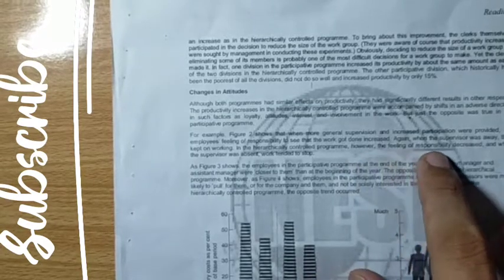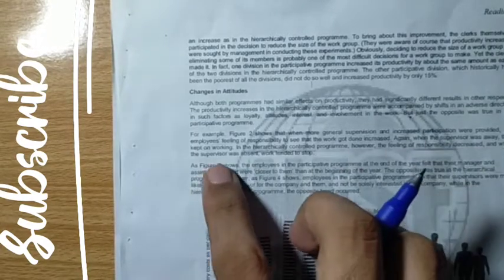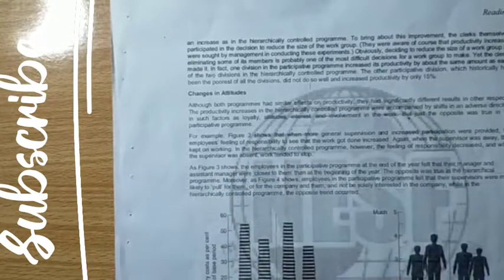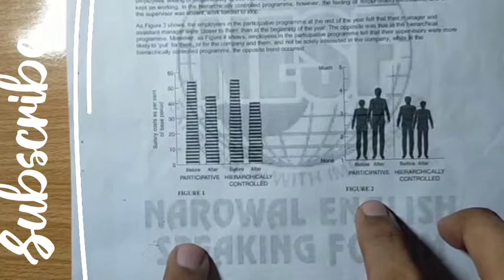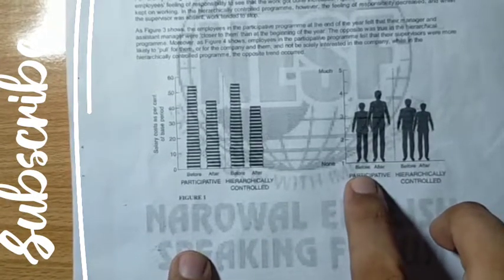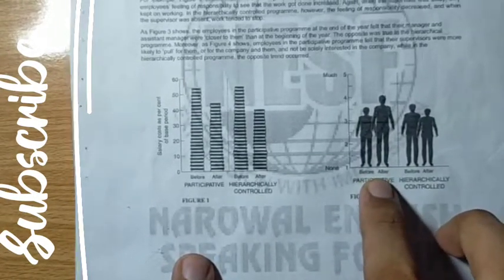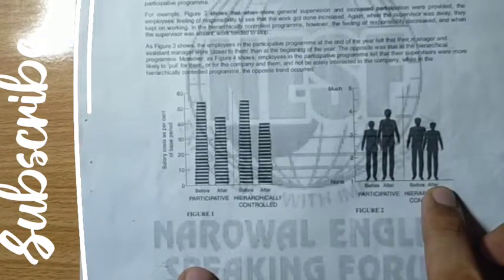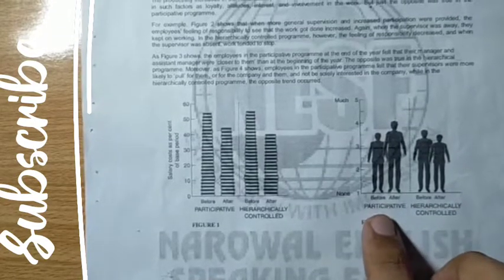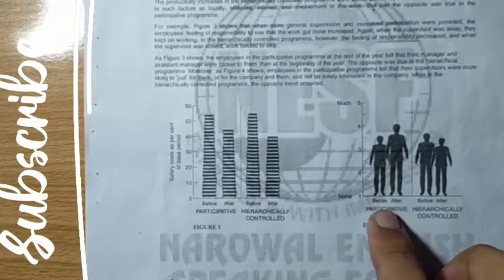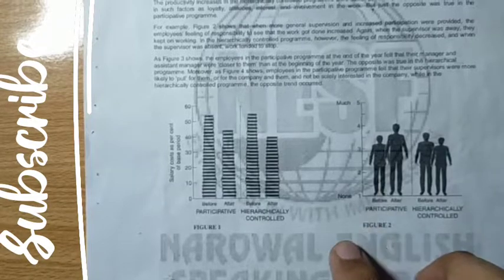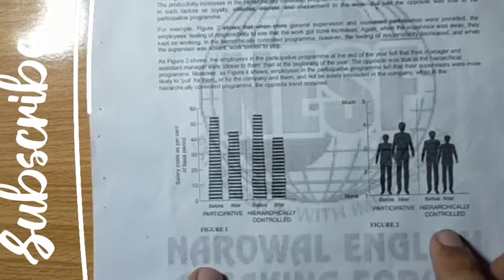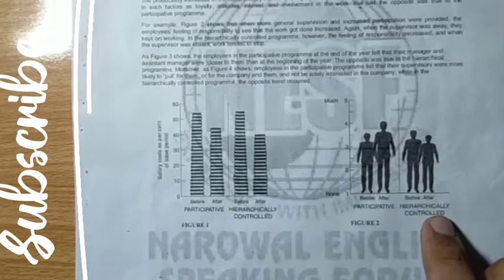However, the feeling of responsibility decreased, and when the supervisor was absent, work tended to stop. Figure 2 is this, in which participative before and after, hierarchically controlled before and after. Participative before was less, and after participative it increased, and it is the opposite in hierarchically controlled.